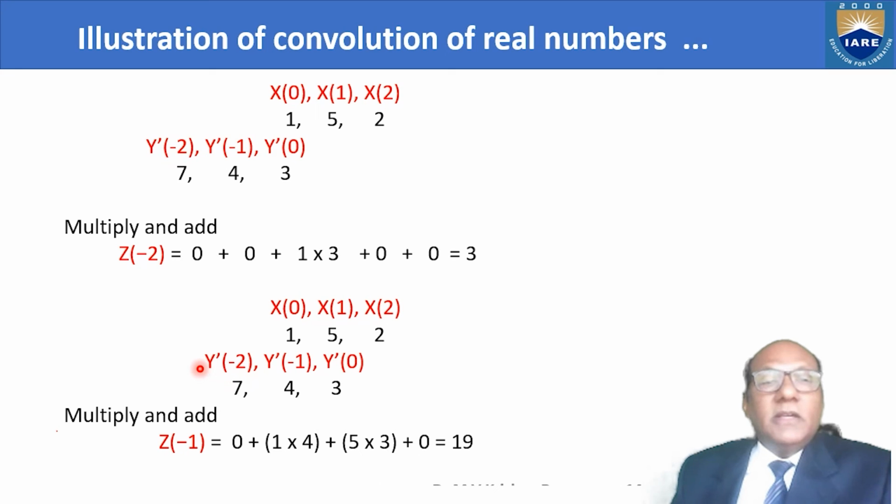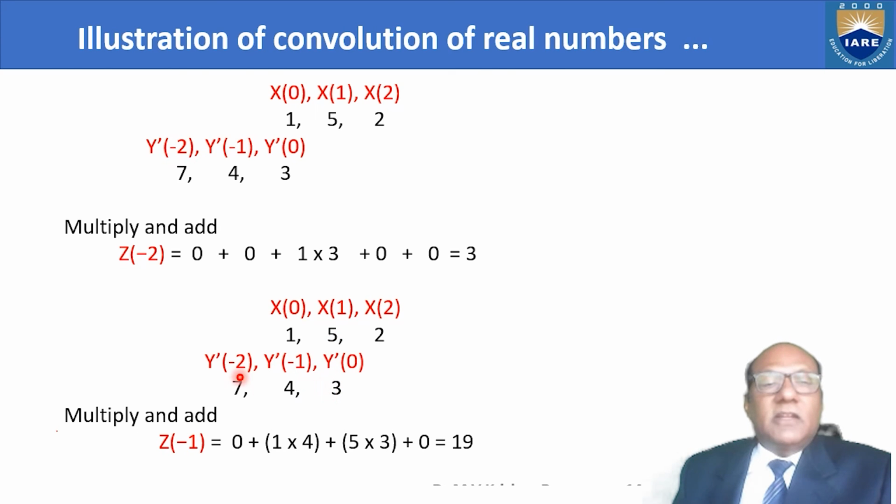Okay. So same thing, you keep x as it is. Now shift this towards the right. That means k equal to minus 1. Because you are shifting this side, you have to add plus 1. The indices I am not changing here, I am just showing it like this. But here, for 743, only 1 and 3 were overlapping. Now after shifting to the right, I have 1 4 here, and 5 3 2 overlapping.